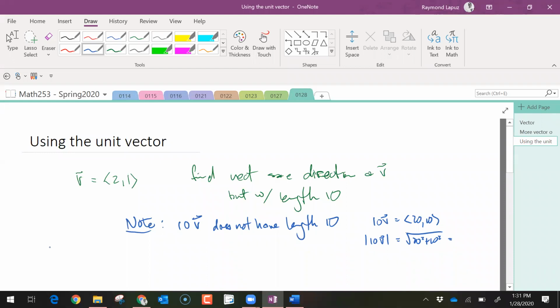What is it? 500? And if we want it to be length 10, then the answer should have been square root of 100, right? So clearly, this doesn't work.